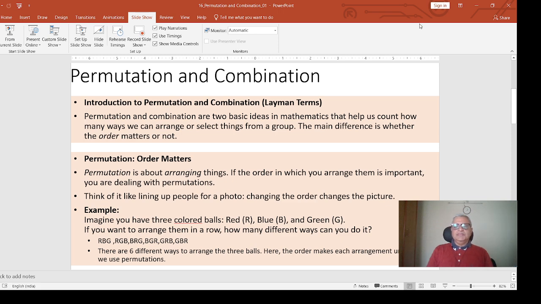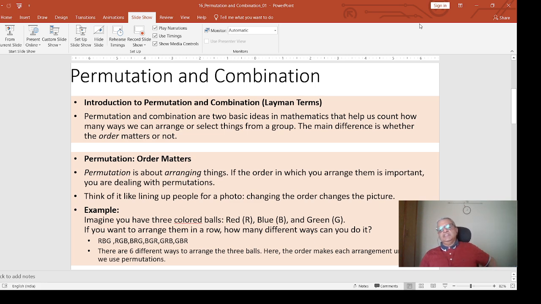Because if the order changes, the photograph would be different, right? So order plays a very important role when we are calculating permutation. Permutation is one of the ways to count how many ways we can arrange a certain number of elements from a group of elements.